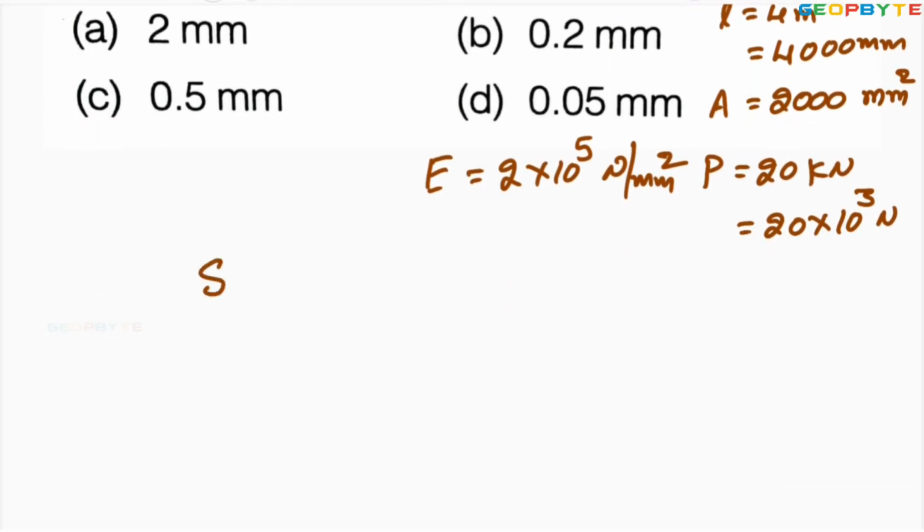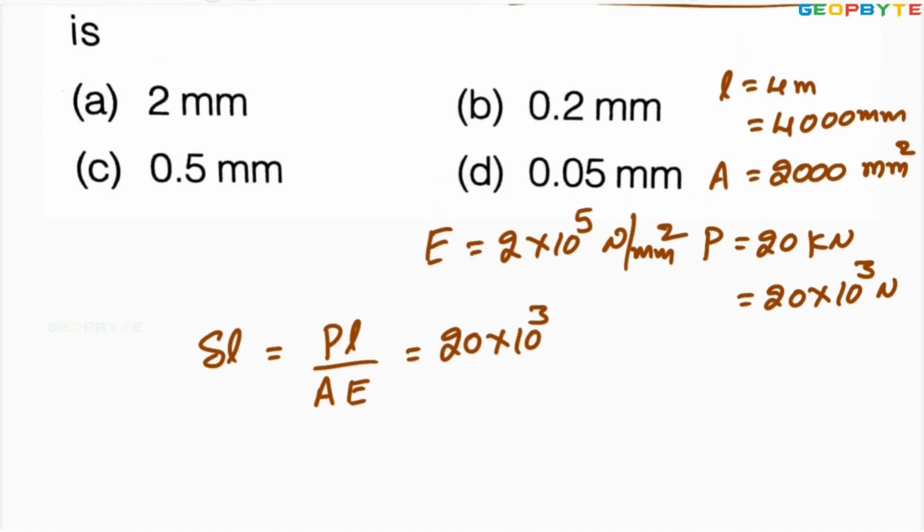change in length. Change in length delta L equal to PL by AE. The P is 20 into 10 raised to 3, the length of the body is 4000 mm, into 4000, divided by area of the cross section.